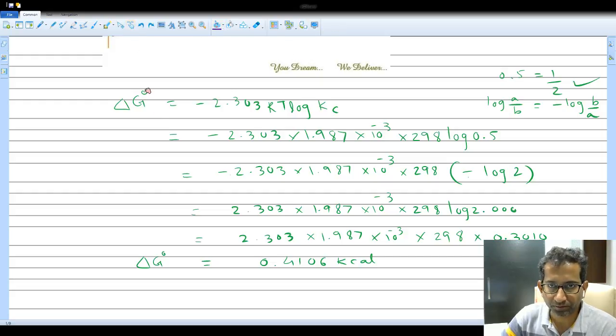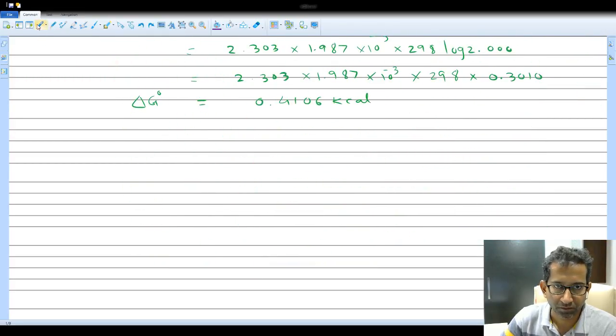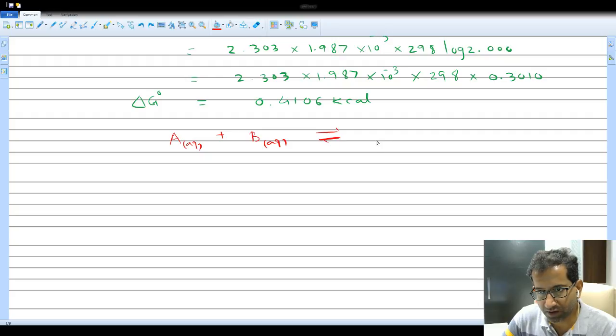Okay, our equation is A aqueous plus B aqueous reversibly C aqueous.